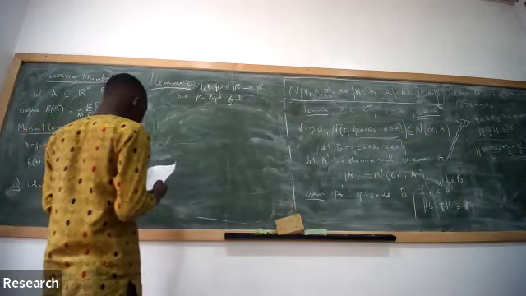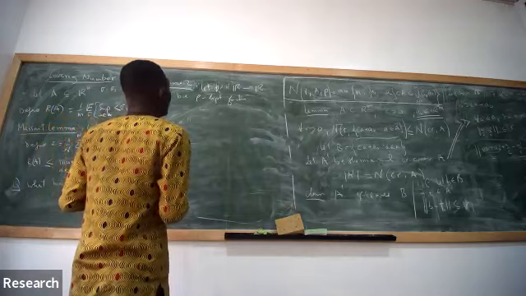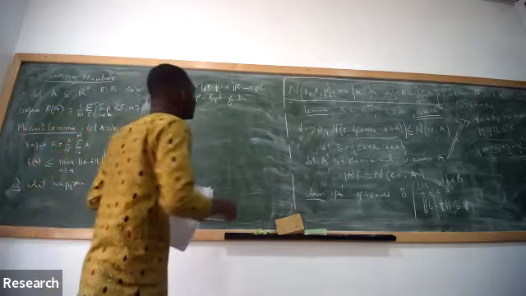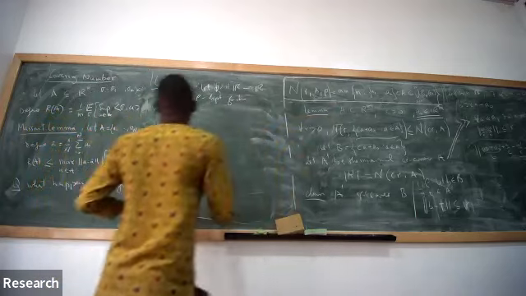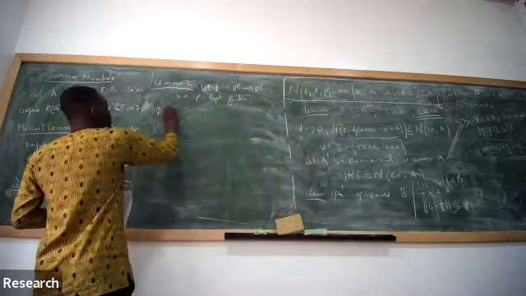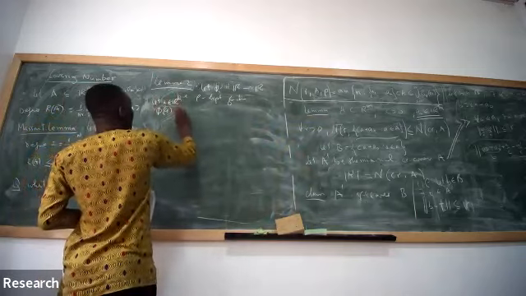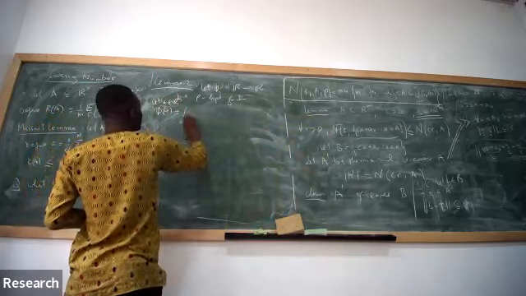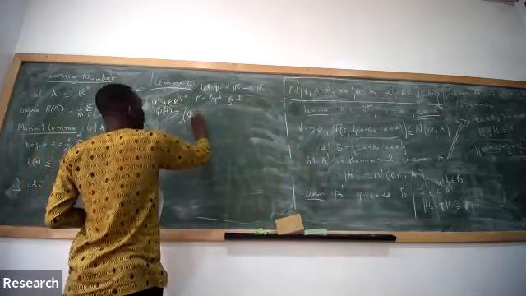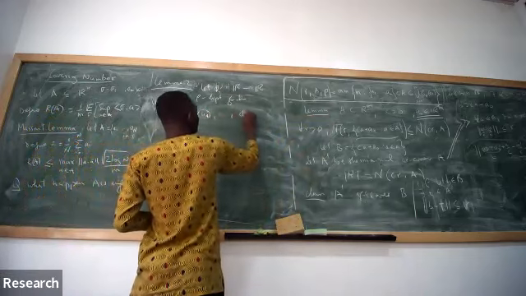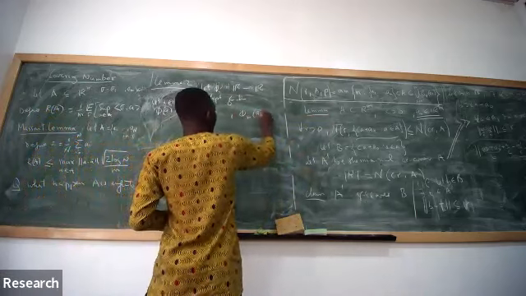Okay, so taking A in R^m, we define phi of A to be phi 1 of A1 to phi m of Am.